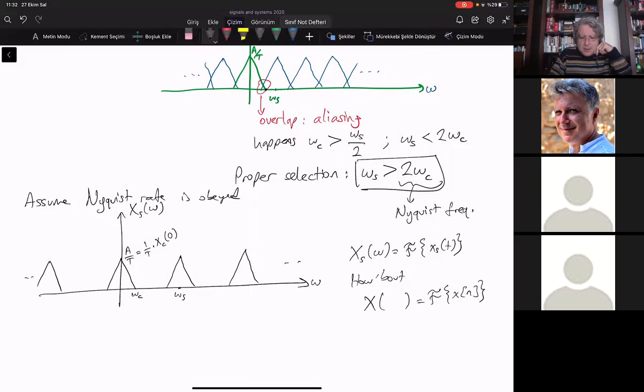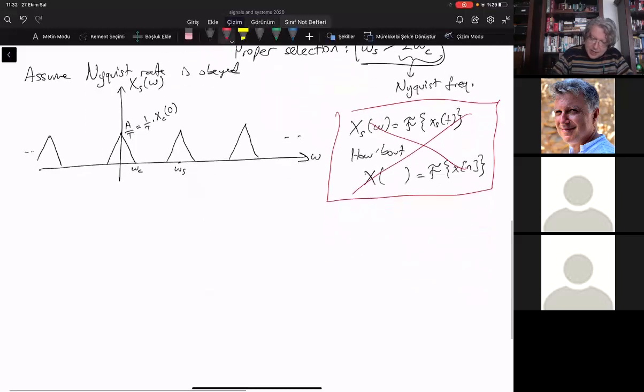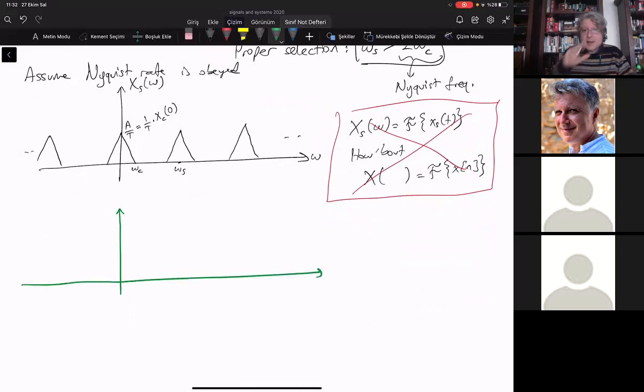So from now on, although I was putting a lowercase omega everywhere for the Fourier transform parameter, the frequency parameter, as the Fourier transform of t, I am going to use a different notation, and I will draw the same figure as a different omega, because I'm going to use this lowercase omega as the Fourier parameter or the frequency parameter for discrete time signals.